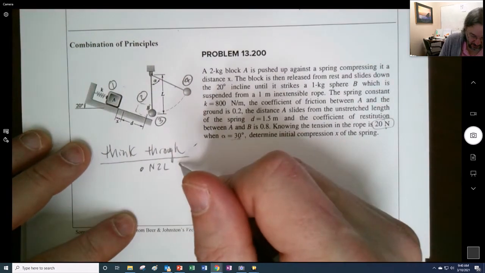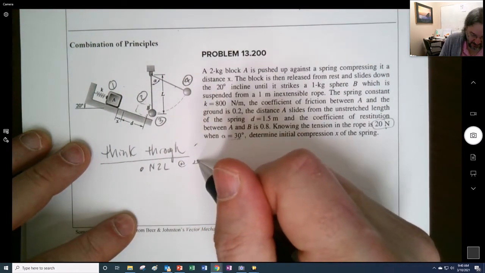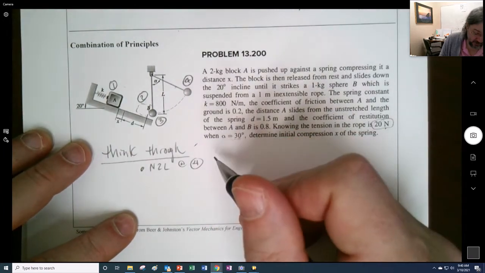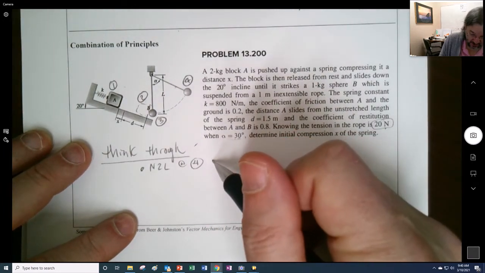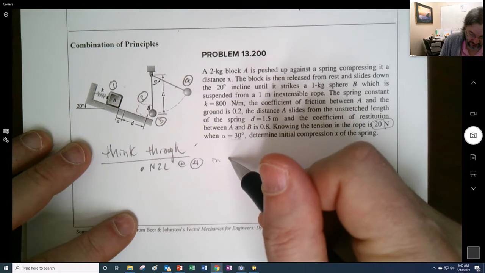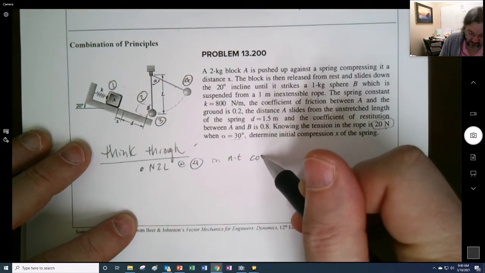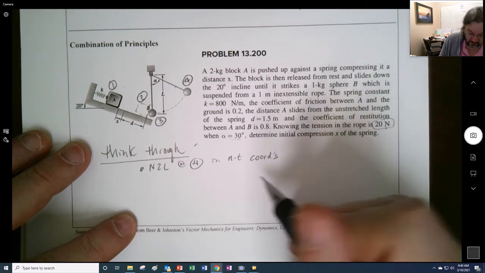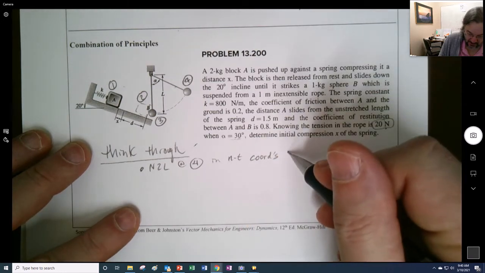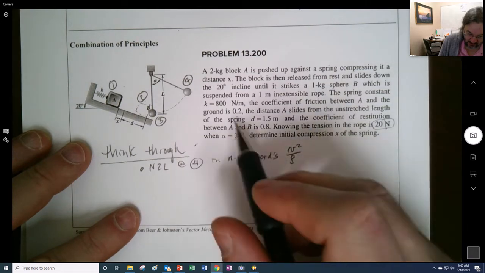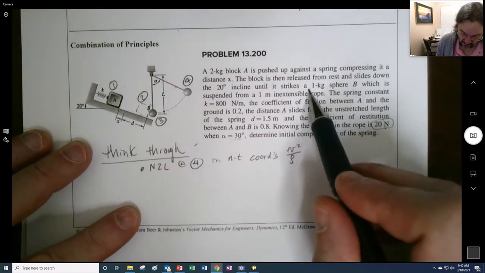So we can use Newton's second law at state 4 of the block right here, and we'll use the normal and tangential coordinate system, and then we could find v squared over rho right here, knowing the mass of the sphere.